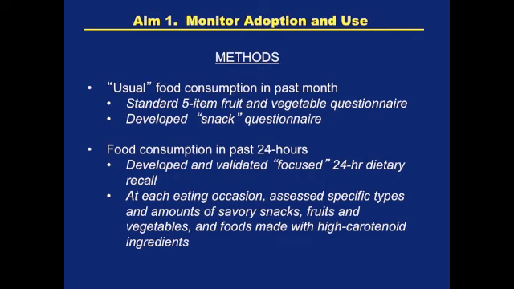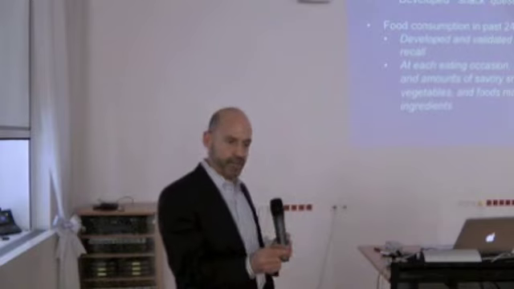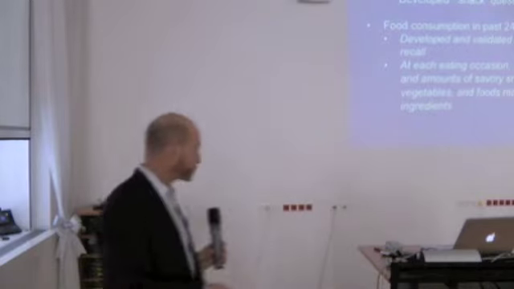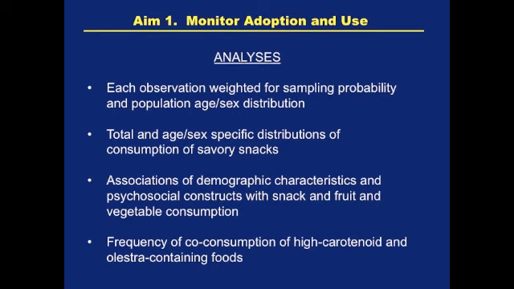So we developed what we call the focused 24-hour recall, where we went meal by meal, and we only asked about the things we needed to know. So we only asked about snack foods, and we only asked about vegetables and fruit. And in the analysis, we wanted a population inference.